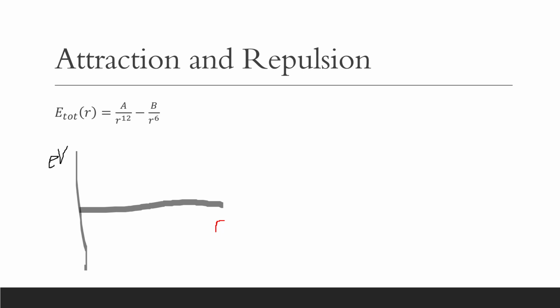We're going to start really, really far away, R values infinitely far, and using this first term, A over R to the 12th, this is positive, so it is going to go up towards positive infinity, and that is going to be your repulsive term.